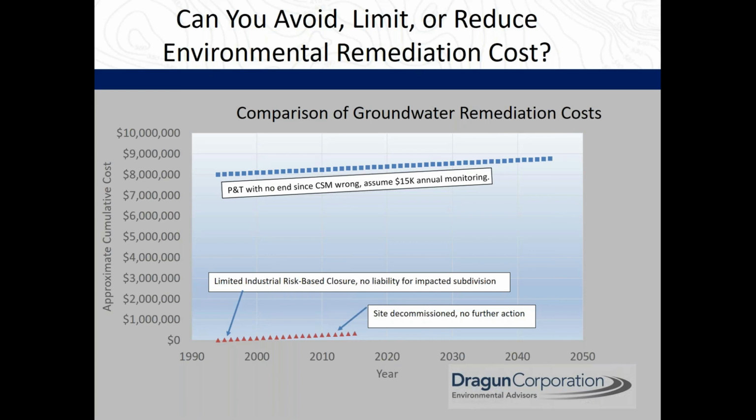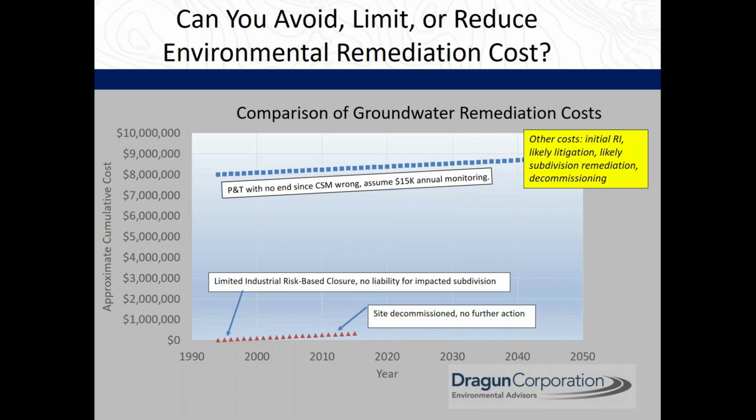We don't have the cost for operation there. And the bottom line is our cost, which was for the $15,000 per year for monitoring for a number of years until the site was decommissioned and no further action. Next.